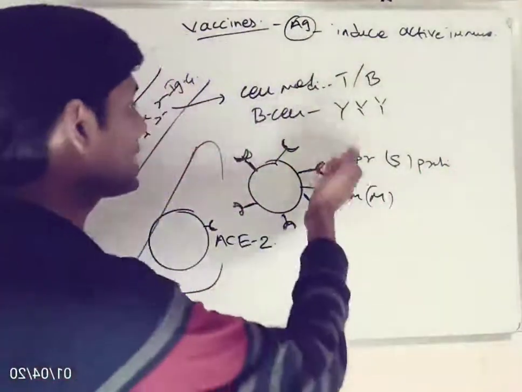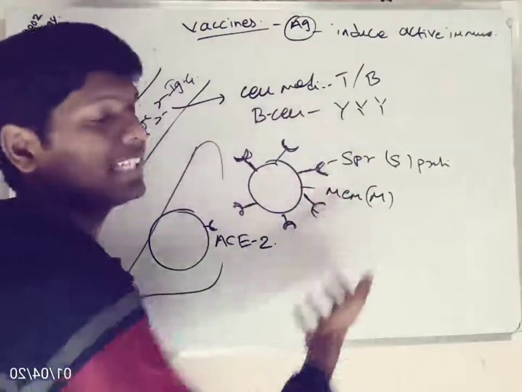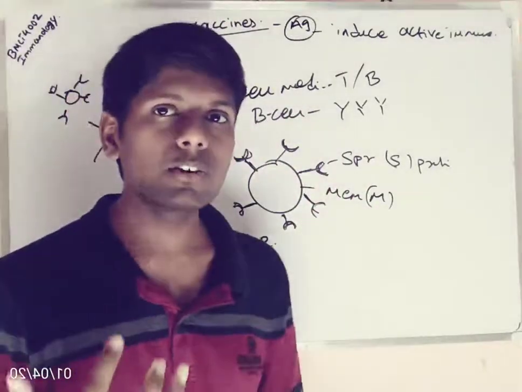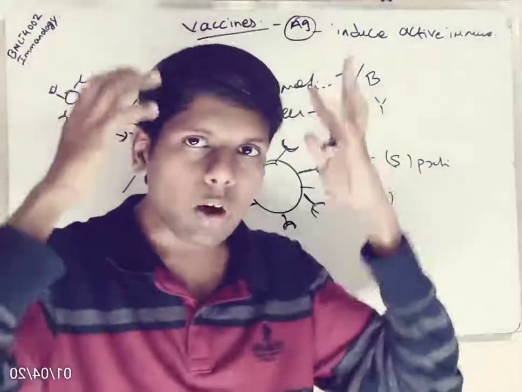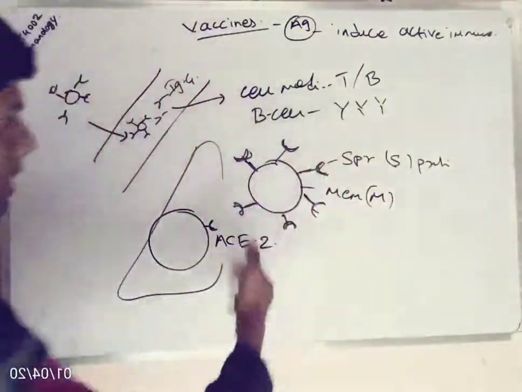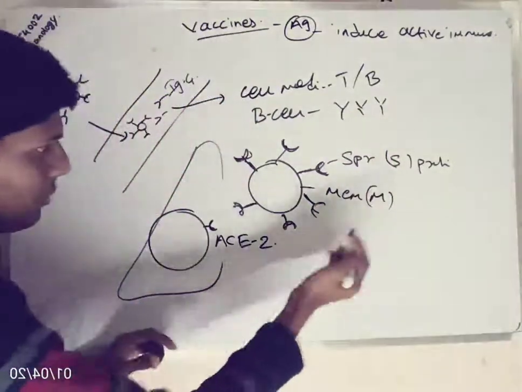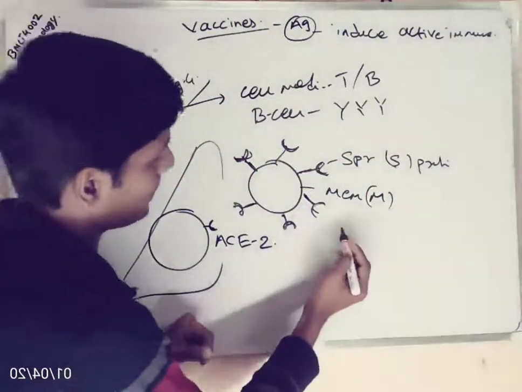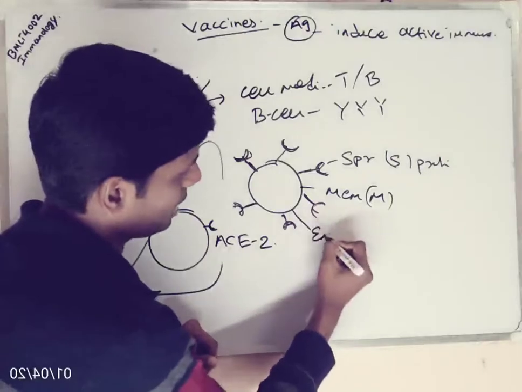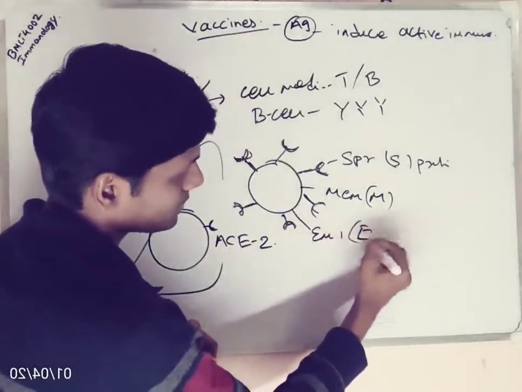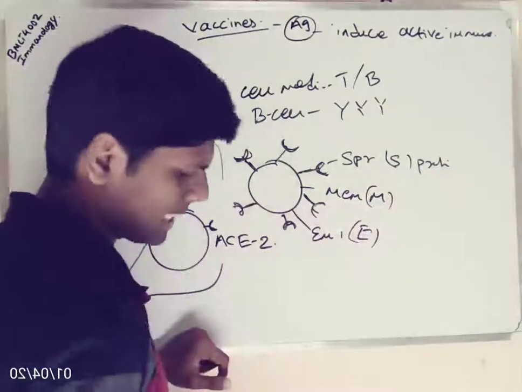Since coronavirus has many crowns, it is called a crowned virus. Corona means crown virus. Those crowns are called S spikes, and it has one more protein, the envelope protein. So it has E protein, M protein and S proteins.